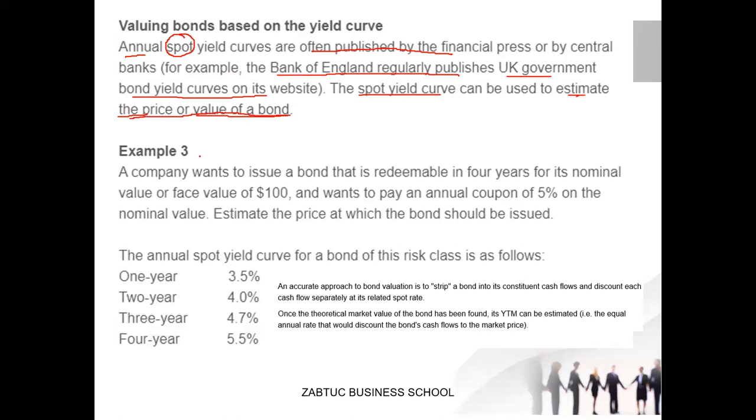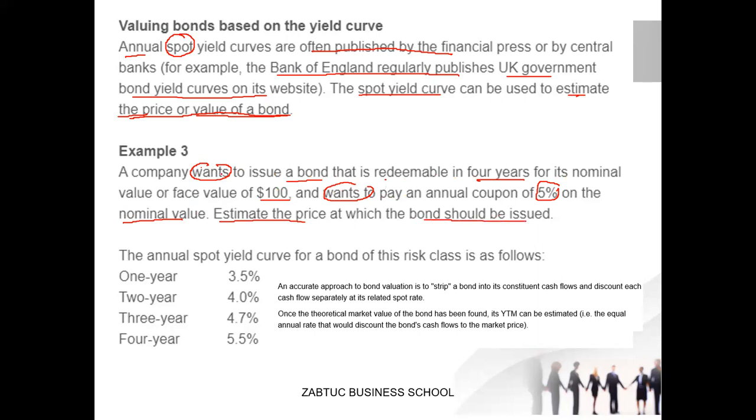We have a situation here. A company wants to issue a bond that is redeemable in 4 years for its nominal value or face value of 100, and wants to pay interest of 5% on the nominal value. The question is, estimate the price at which the bond should be issued.